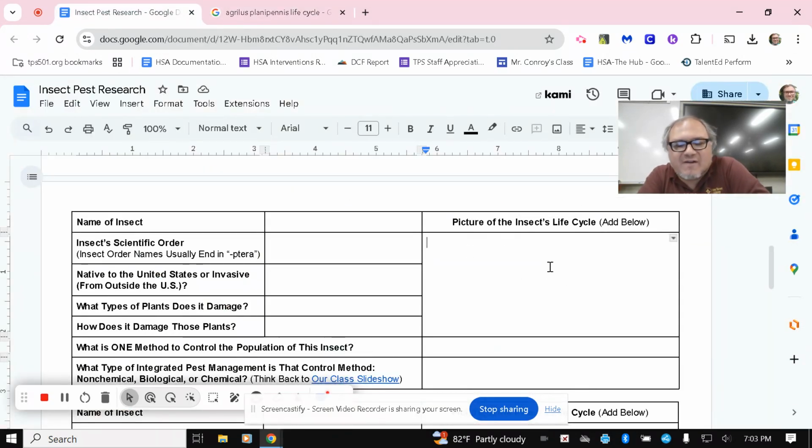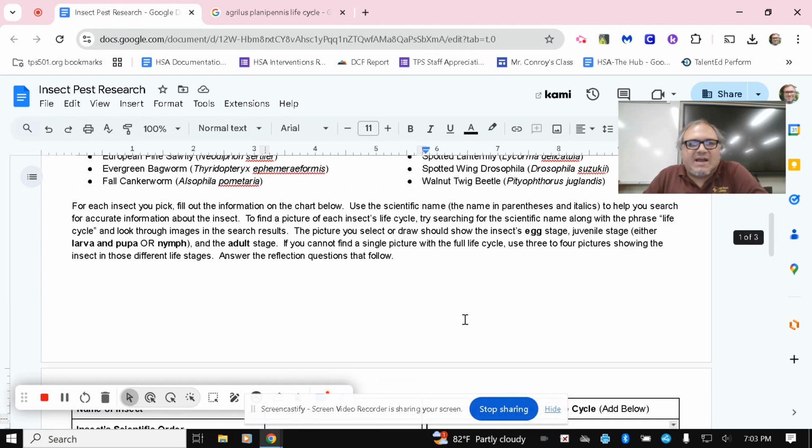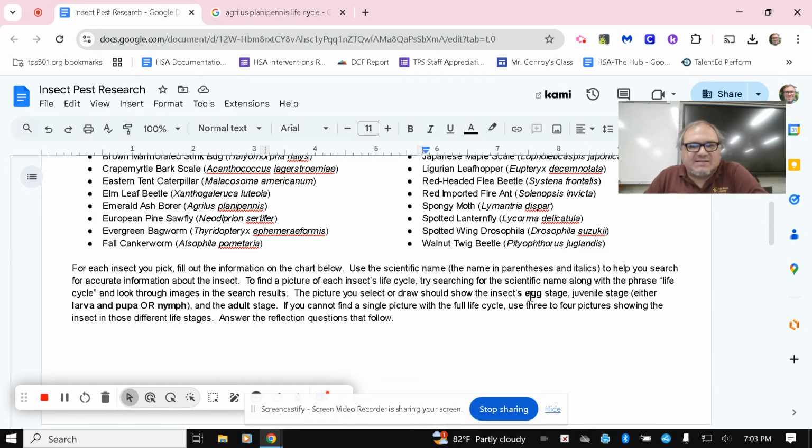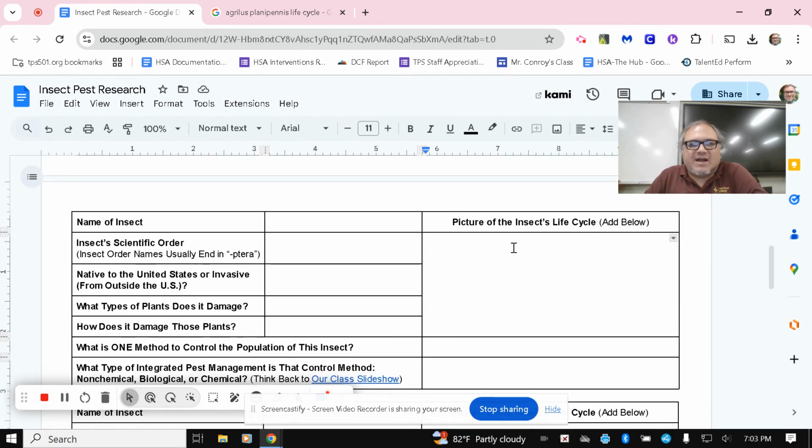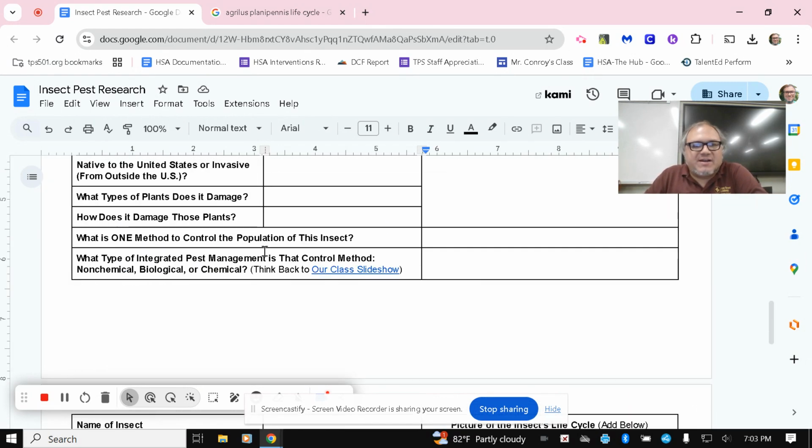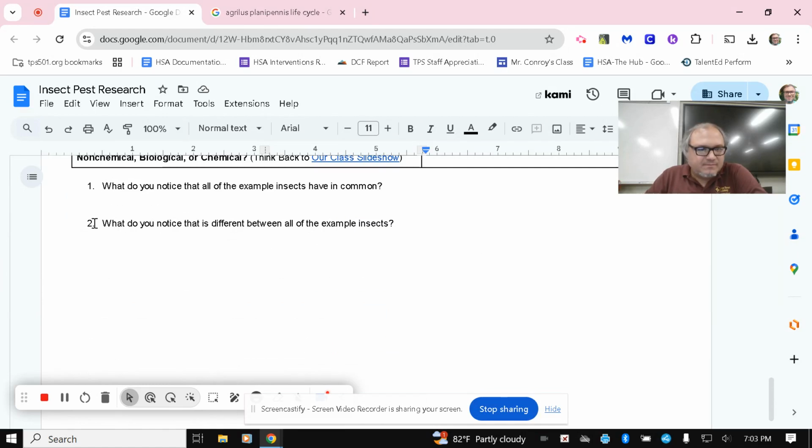And again, if you can't find a single image to do this, just combine several images. And again, you might search for things like the scientific name and egg stage, the scientific name and juvenile stage, and the scientific name and adult stage to create a combination of images there. So again, you'll want to do this for 3 different insects from the list.